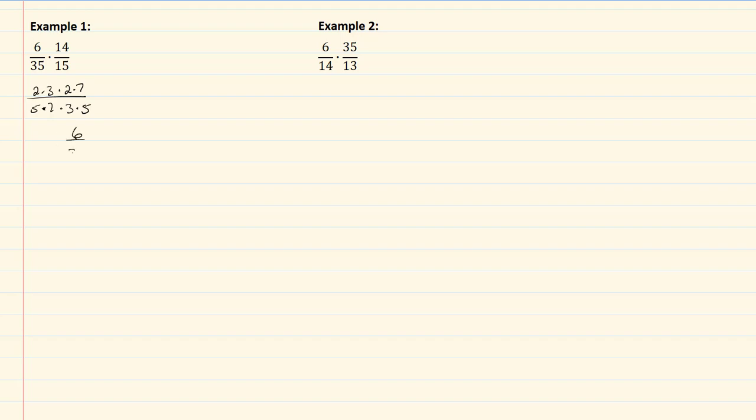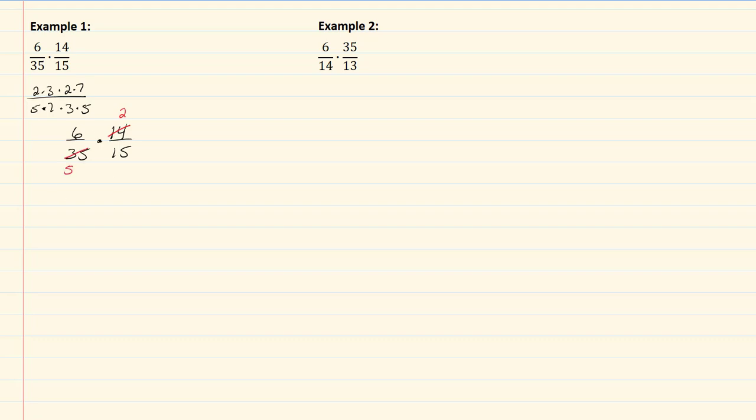So if I have 6/35 times 14 over 15, I happen to notice that 14 and 35 have a common factor of 7. So if I divide 14 by 7, I get 2. And if I divide 35 by 7, I get 5.